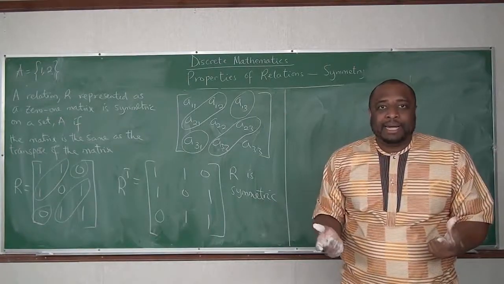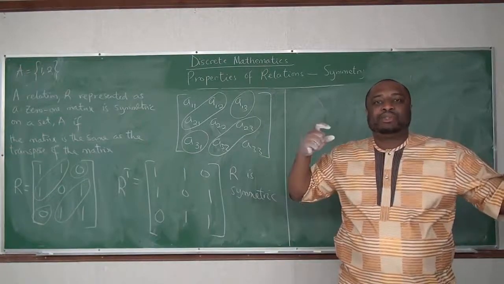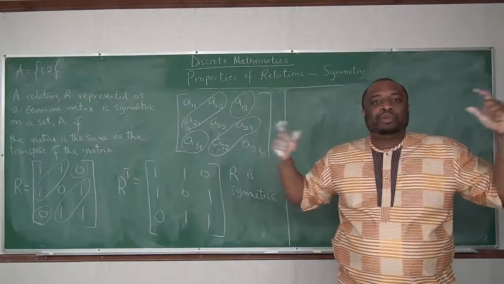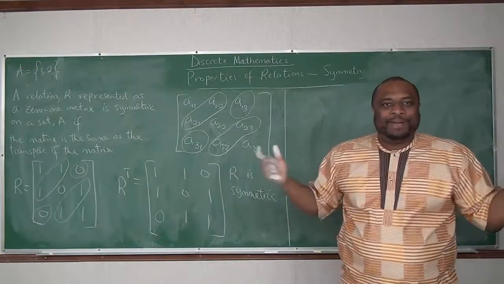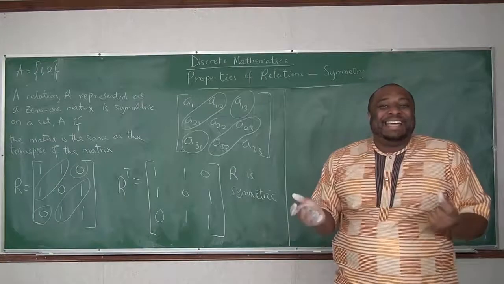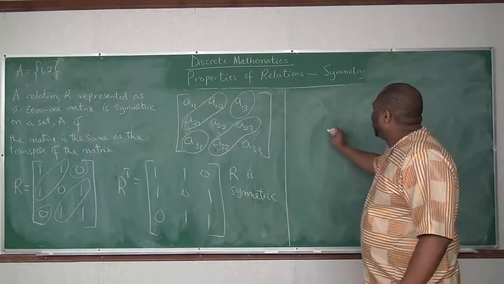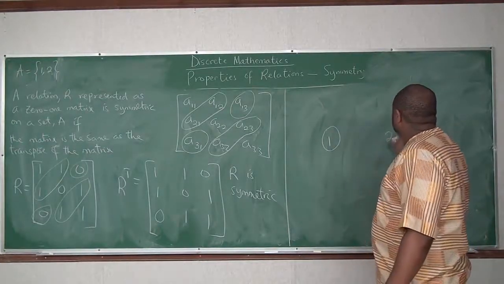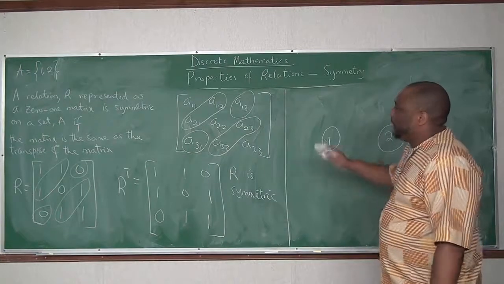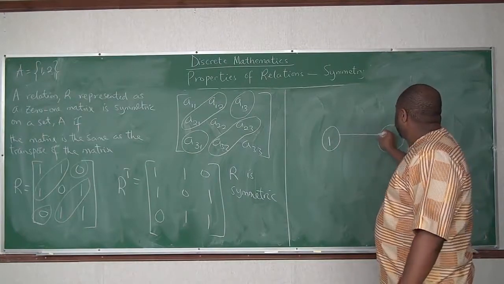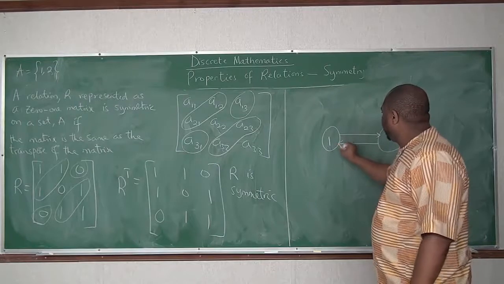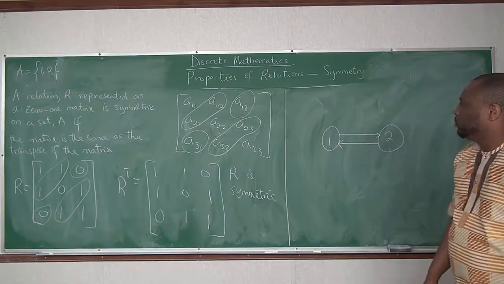It does not matter. But you will have what we call a two-way street. The edges will be two-way streets. So if you have 1 and you have 2, you will have a two-way street, because you have 1, 2, and 2, 1.